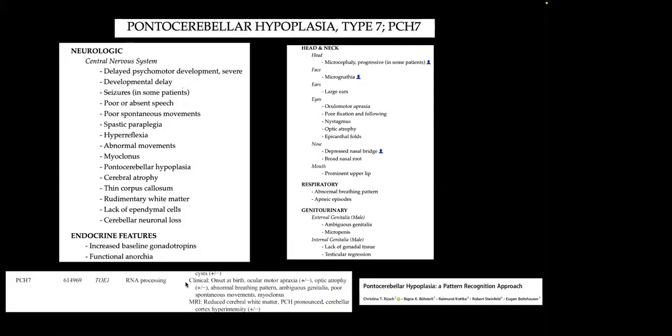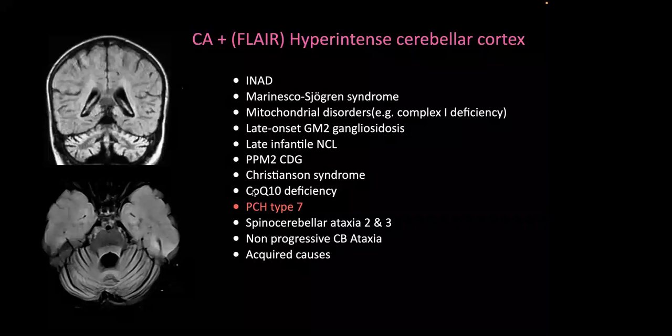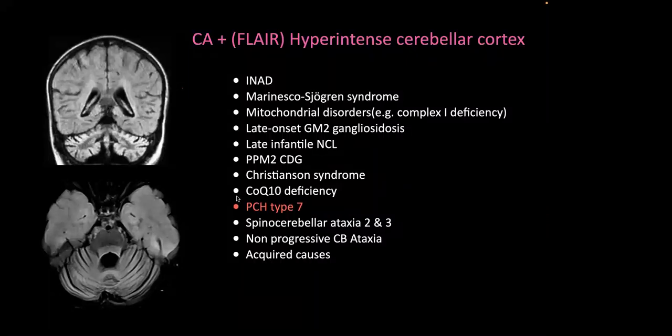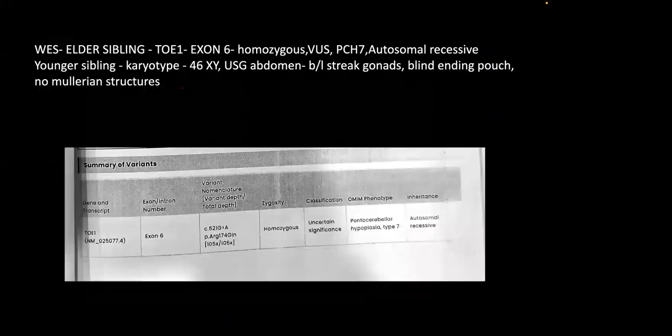As you can appreciate, these children have pontocerebellar hypoplasia, can have cerebellar atrophy with hyperintense cerebellar cortex, and abnormal genitalia are the main features. The list of imaging differentials is wide for cerebellar atrophy with hyperintense cerebellar cortex, but PCH type 7 is one of them. With that, I'll open the case if anyone has similar experiences. Do they agree that these children match the PCH7 gene? And any other thoughts?